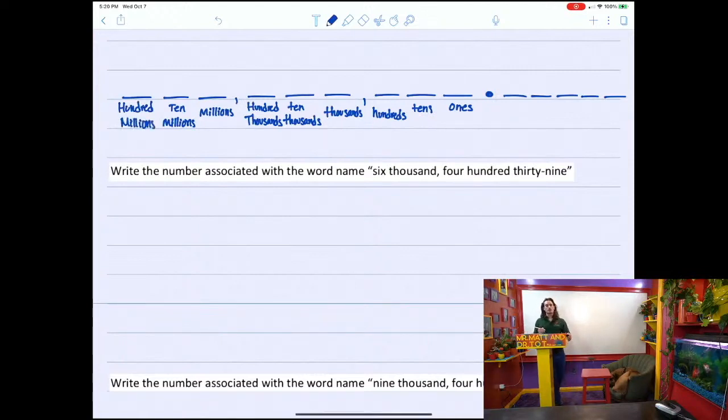And then to the right of the decimal point, we have our tenths. Notice that suffix of THS, hundredths, thousandths, this guy right here is your 10,000ths, and this guy right here would be your 100,000ths.